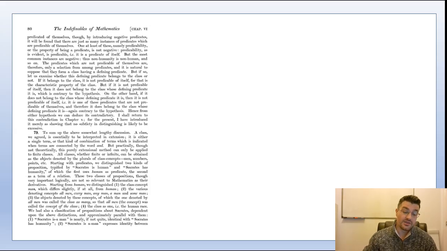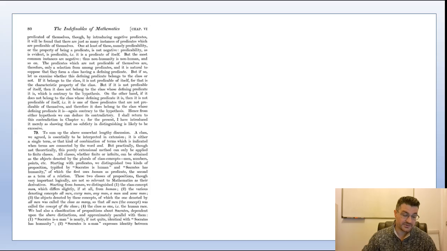But practically, though not theoretically, this purely extensional method can only be applied to finite classes. Okay, so it's obvious that from a practical perspective, this enumeration of terms does present a practical limitation, but what Russell is saying is that it's not a theoretical limitation, and we do need to understand classes in extension, whether they're finite or not.